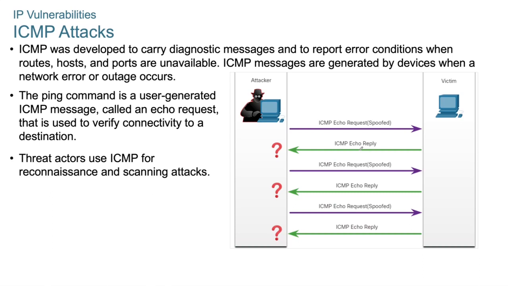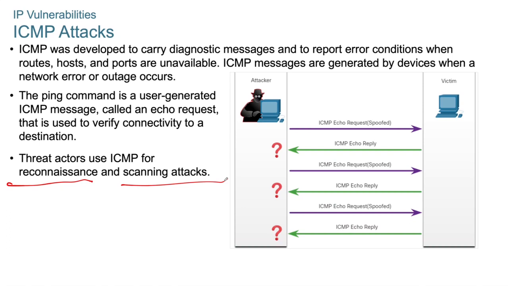So that is gathering the reconnaissance information, and the scanning attack means finding which ports are open and which ports are closed. Based upon the port number, the attacker easily identifies whether they are using TCP, UDP, FTP, or SSH service.